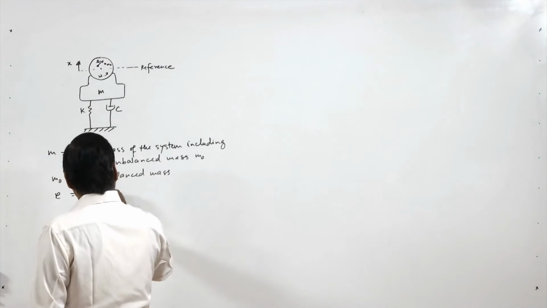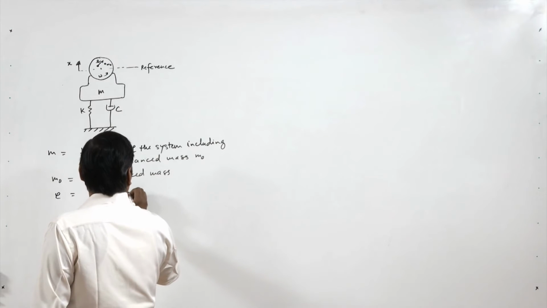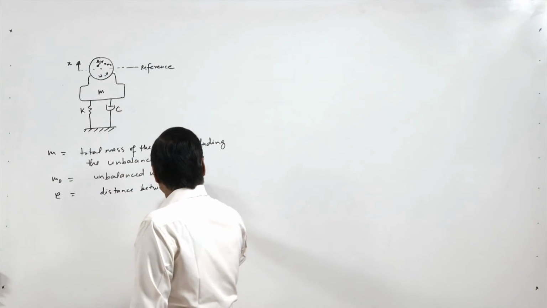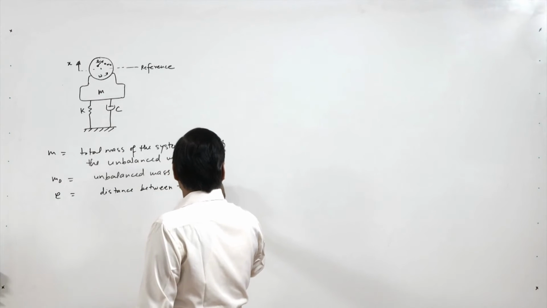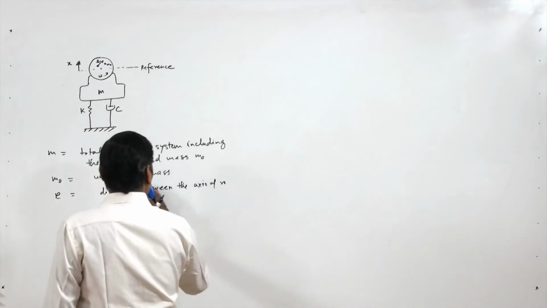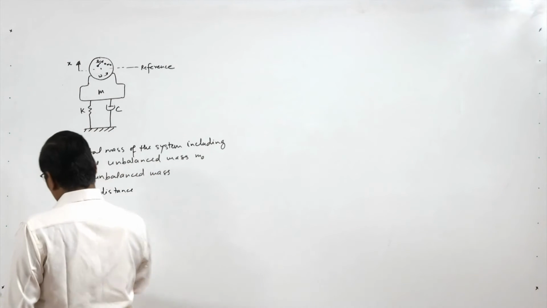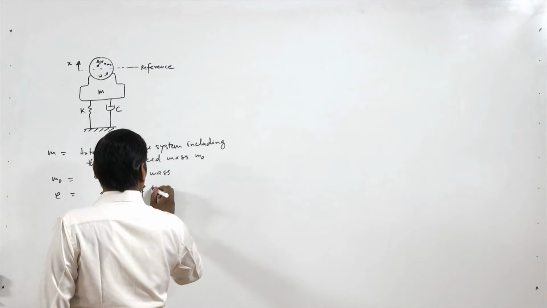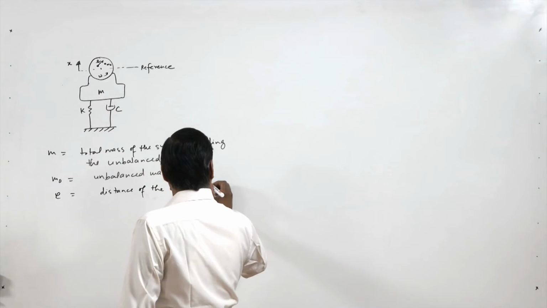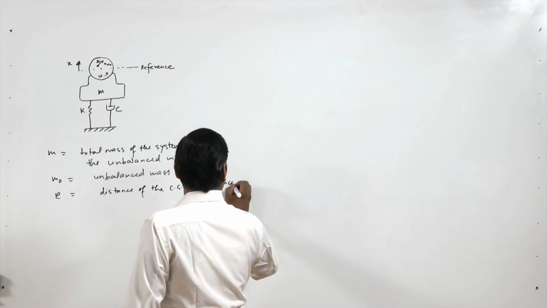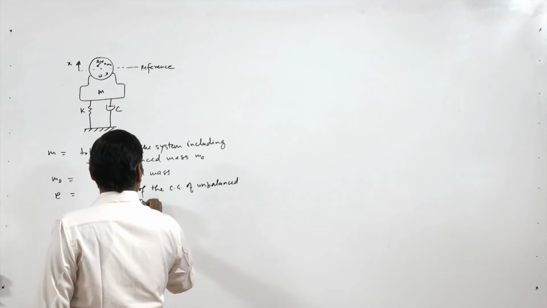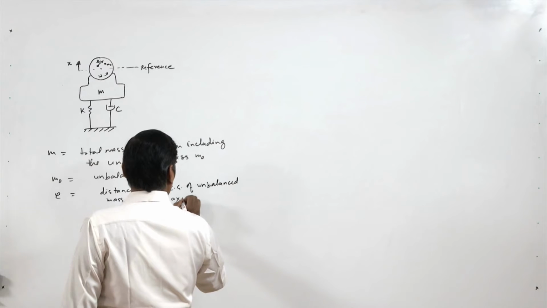So it is the distance of the CG, or center of gravity, of the unbalanced mass from the axis of rotation.